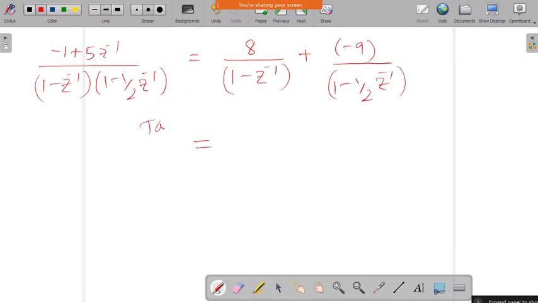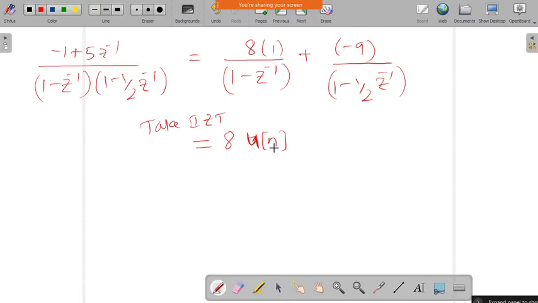Now take the inverse z transform, so that we get, for this term, 8 into 1 over (1 - z^-1). This is a standard result which we already know, so we can write it as 8 into u[n]. Okay.